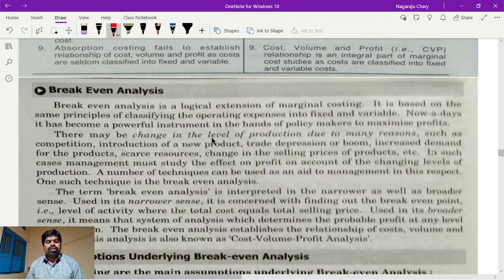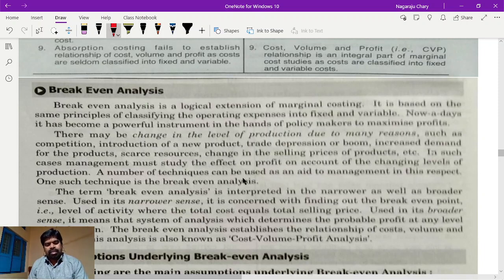There may be changes in the level of production due to many reasons, such as competition, introduction of a new product, trade depression or boom, increased demand for the products, scarce resources, change in the selling prices of products, etc. In such cases, management must study the effect on profit on account of the changing levels of production.